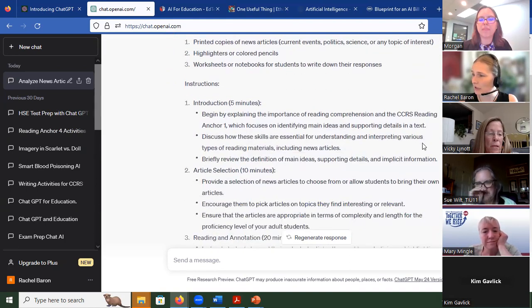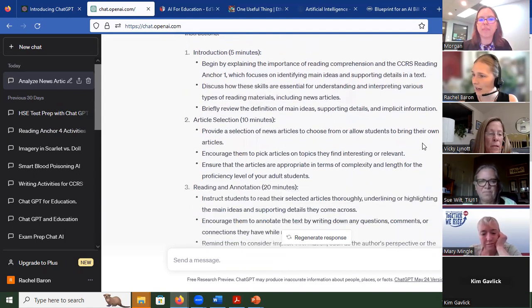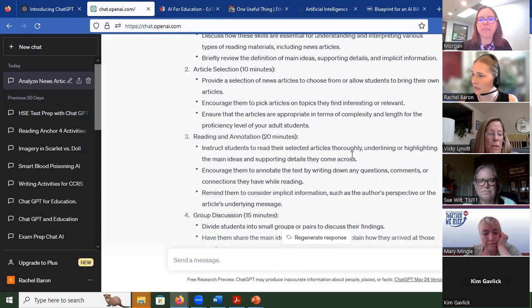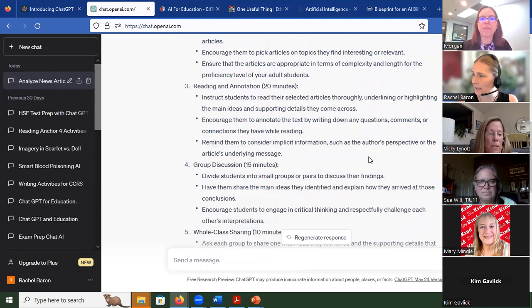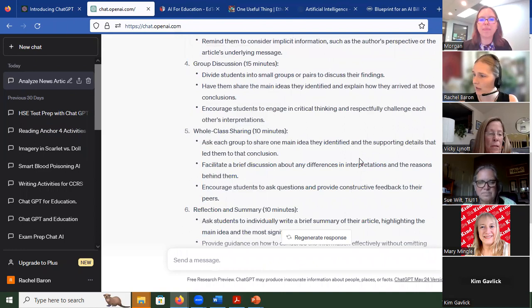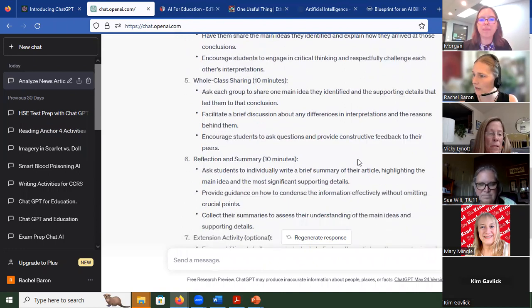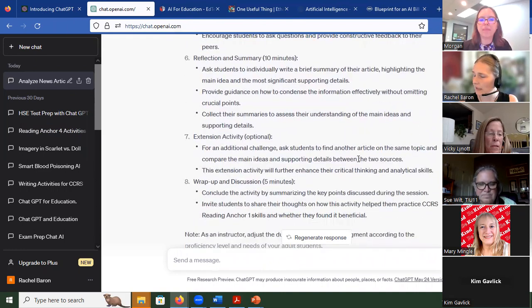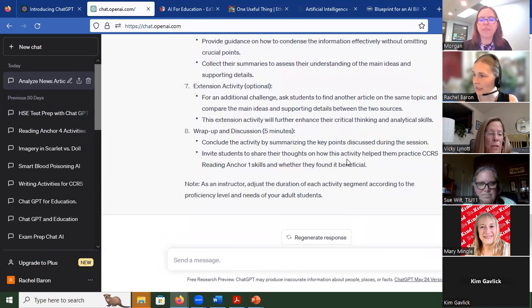I'm not going to go into great detail here. We have an introduction, article selection. Looks like students are going to read and annotate their articles, have a group discussion, whole class sharing, reflection and summary, extension activity, wrap up and discussion.